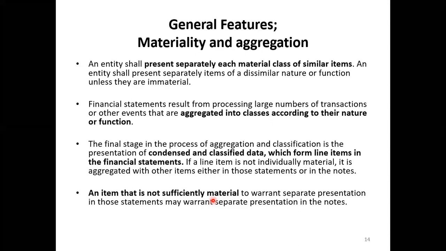If a line item is not individually material, it is aggregated with other items either in those statements or in the notes. An item that is not sufficiently material, so not important, to warrant separate presentation in those statements may warrant separate presentation in the notes.